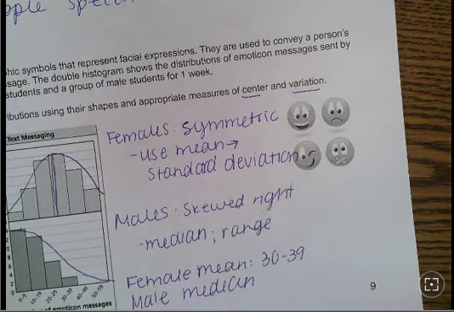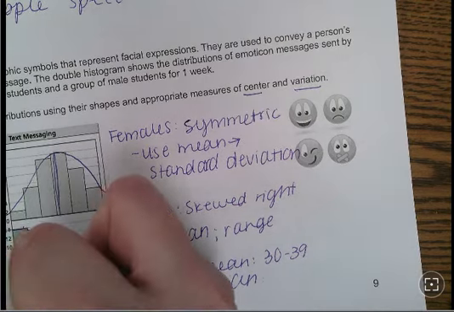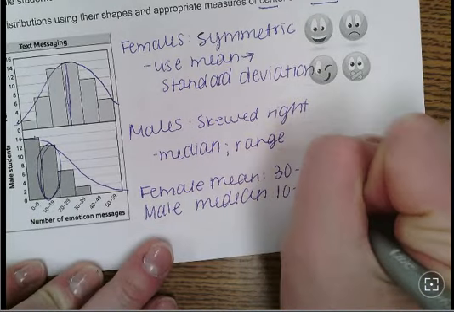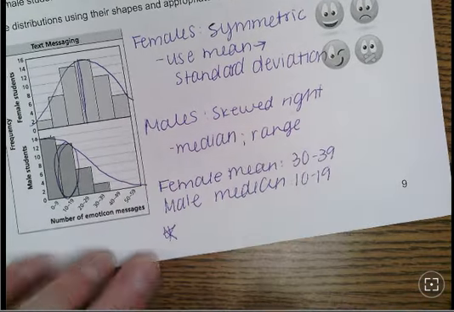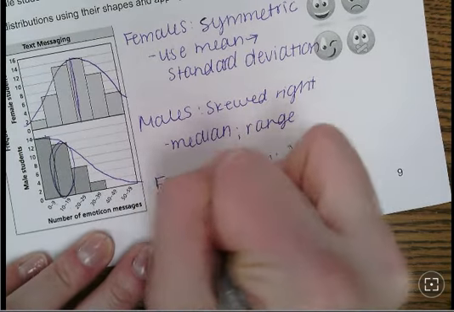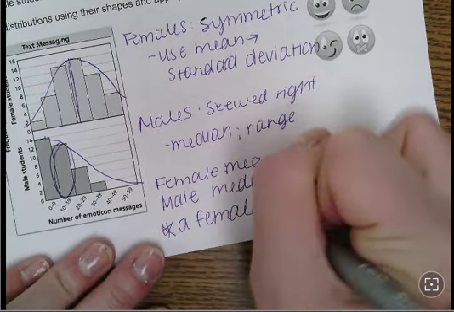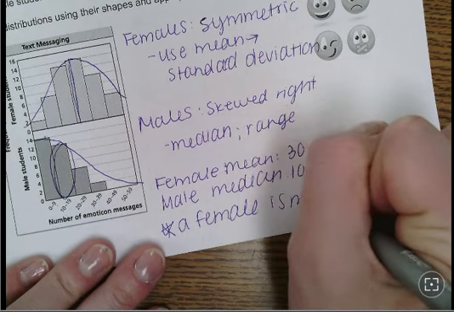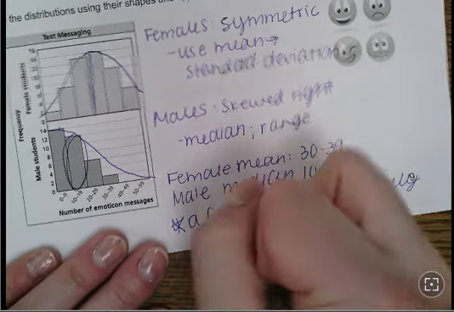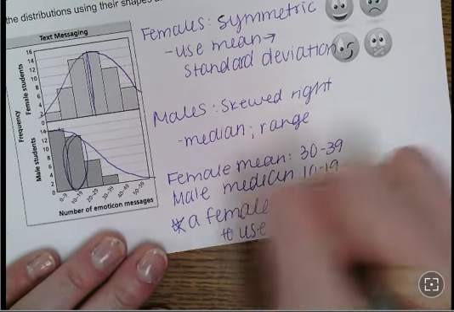And so the middle number there is going to be probably somewhere in here-ish, right? That would be about the middle of our data. So the male median is in between 10 and 19. So the conclusion that we can draw from this, which should make a whole lot of sense to you, is that a female is more likely to use emoticons.